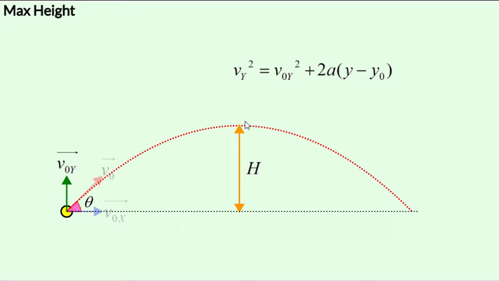So now we consider the motion of the projectile from the launch point to the topmost point. So in this case, the final velocity Vy would be 0. Also, along the y-axis, the acceleration would be pointing downwards, so it would be minus g. So here a would be minus g.